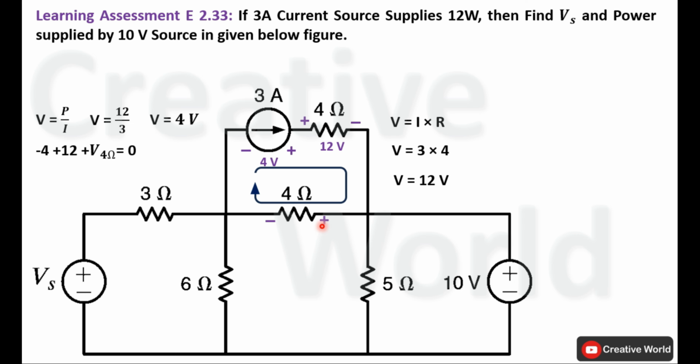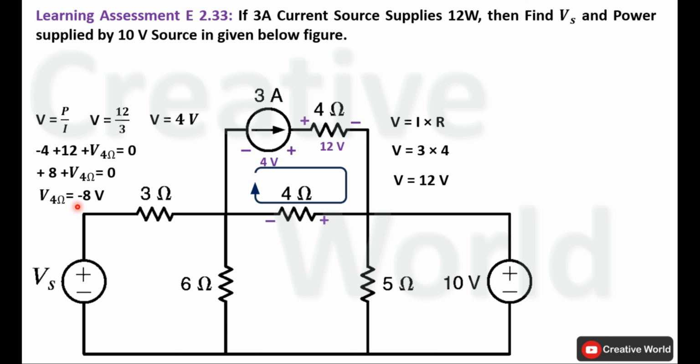Current entering terminal is also positive, so voltage across this 4 ohm resistance will also be taken with positive sign. Right now we don't have the value of voltage, so we have labeled this voltage as V4ohm. In this equation, subtract 4 from 12 and place this plus 8 on the other hand side of equal to calculate the value of V4ohm, that is minus 8 volt.